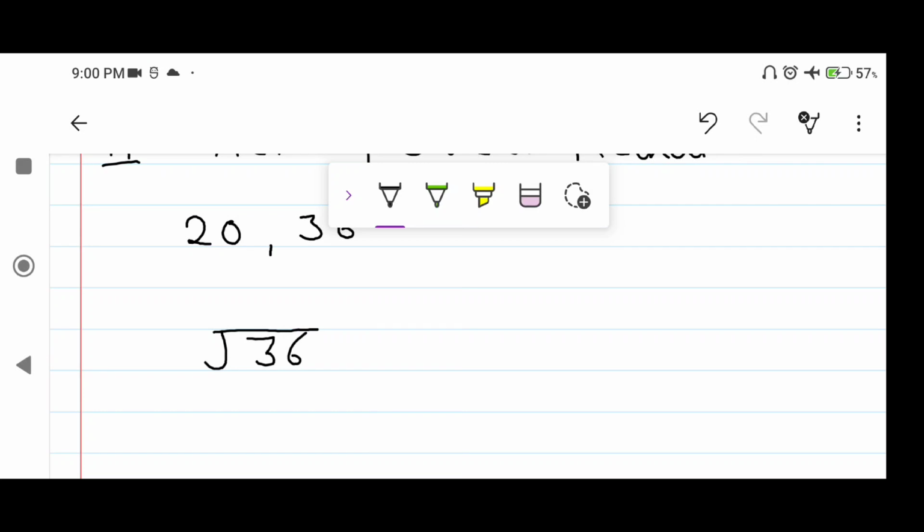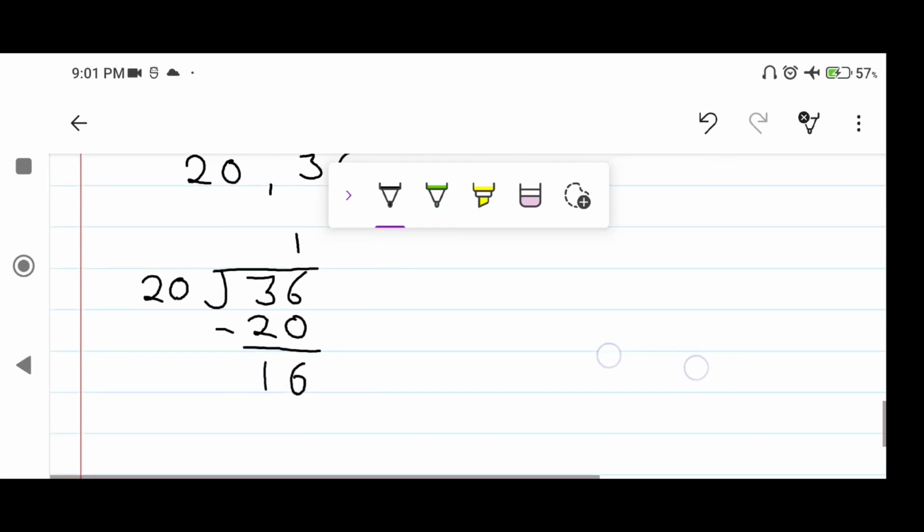So greater is 36, it will be the dividend, and smaller is 20, it will be the divisor. So when we divide this, we take the quotient 1 here and 20 ones are 20. The remainder comes out to be 16 here.